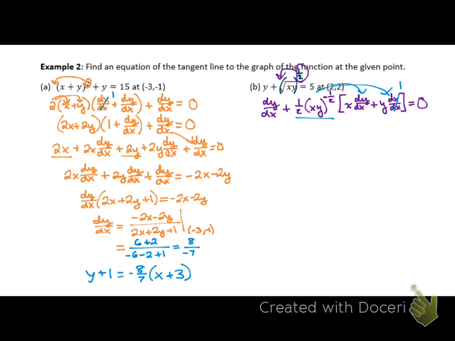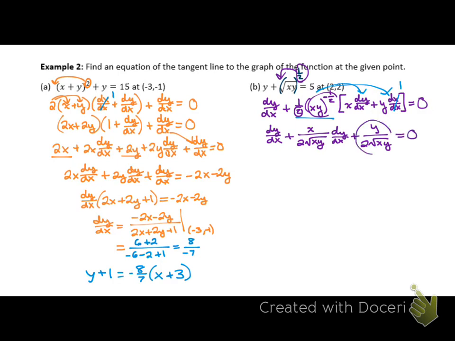It'll always make it easier at the end. So dy/dx plus, now remember the 2's in the denominator here, and this term goes to the denominator too. So it's going to end up being x over 2 root xy dy/dx plus y over 2 root xy, that's it, equals 0.